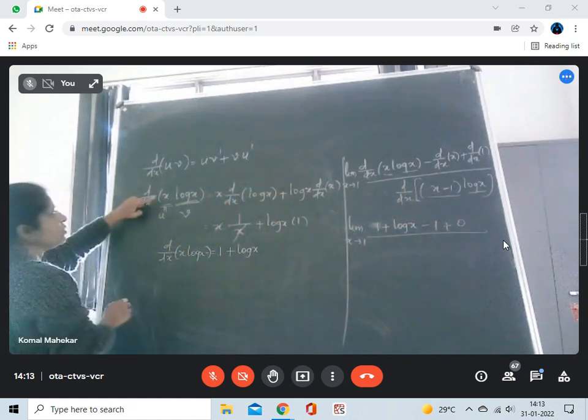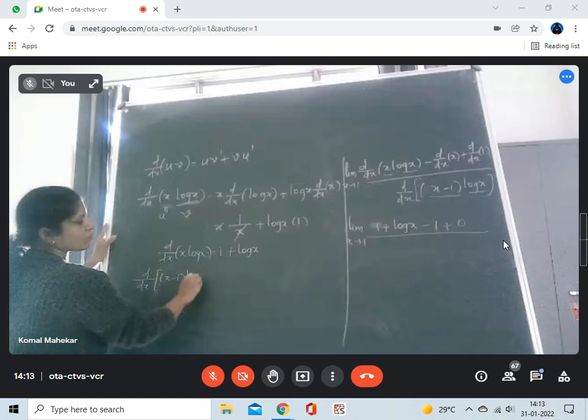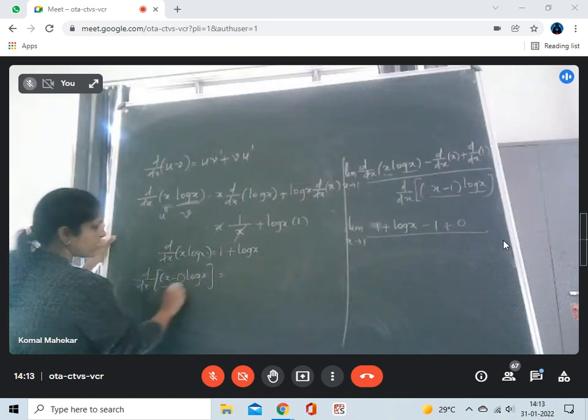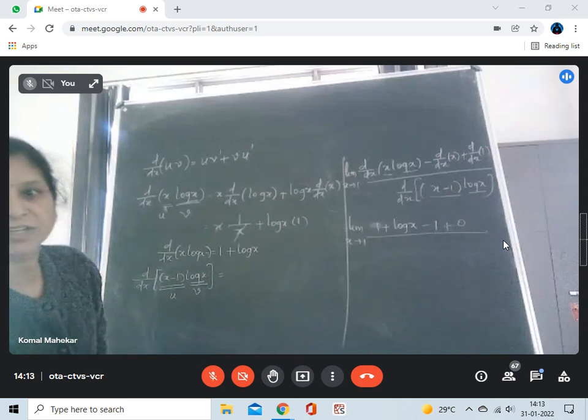So here, using the same rule, d by dx of x minus 1 into log of x. Product rule. So assume u is x minus 1, v is equal to log x. Differentiate this with respect to x.